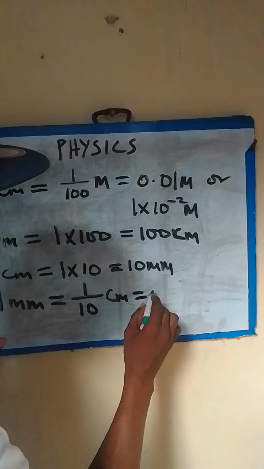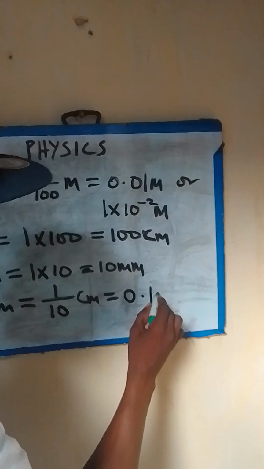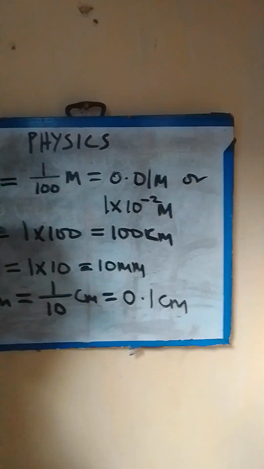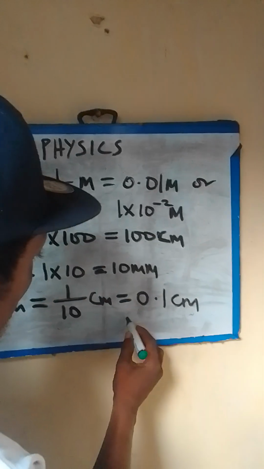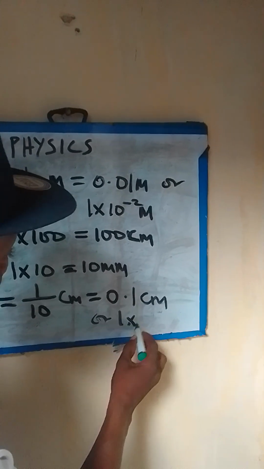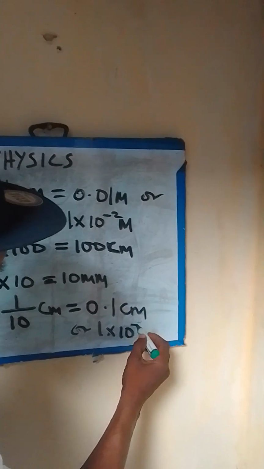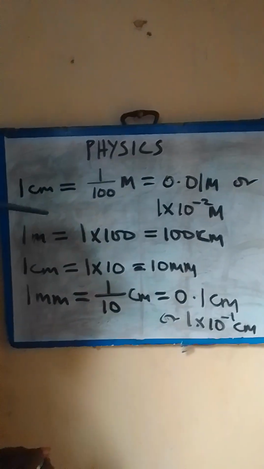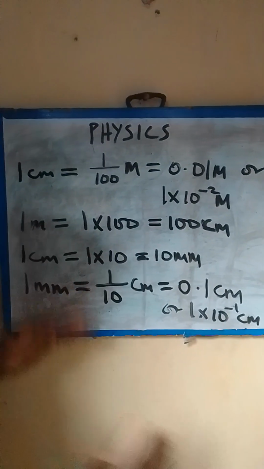You are going to have 0.1 centimeters, or 1 times 10 raised to power minus 1 centimeters. So this is the conversion process.